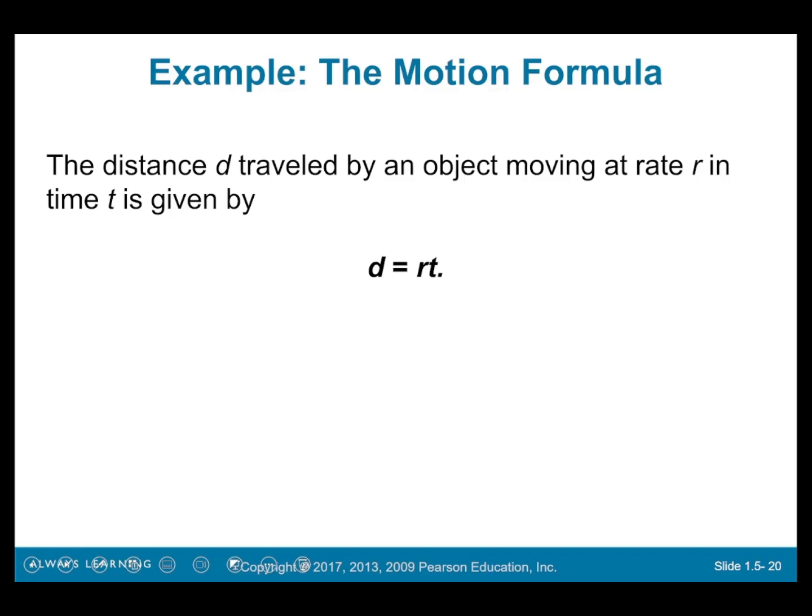So let's see an example with the motion formula. The motion formula, or the distance formula, says a distance d traveled by an object moving at rate r over time t is given by d equals rt. So d is our distance, r is our rate, and t is our time.